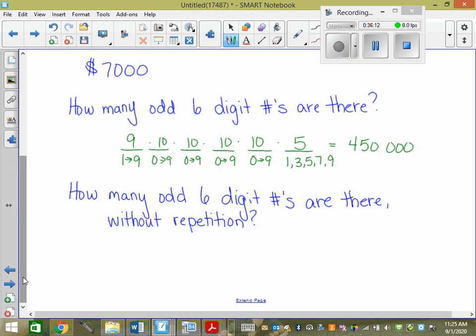Now, how many are there without repetition? 1, 2, 3, 4, 5, 6. We're going to have 1, 3, 5, 7, 9. Then we do the box and hold. So I'm going to hold the 9. Still have 5 options. Then here I'm going to have no 0, no 9, 1 to 8. So I'm going to have 8 options.